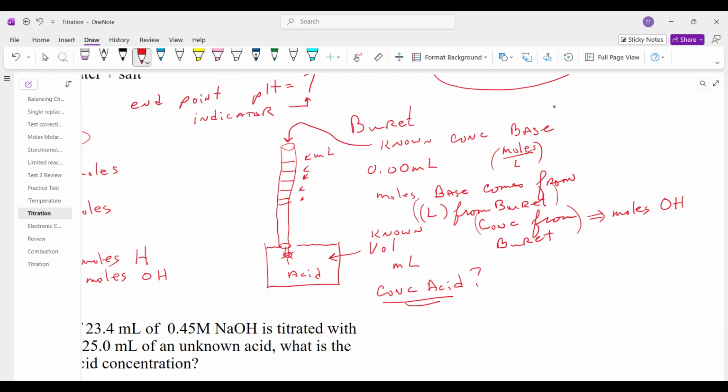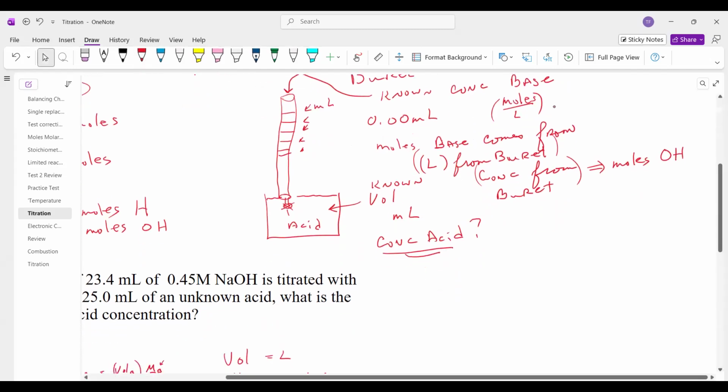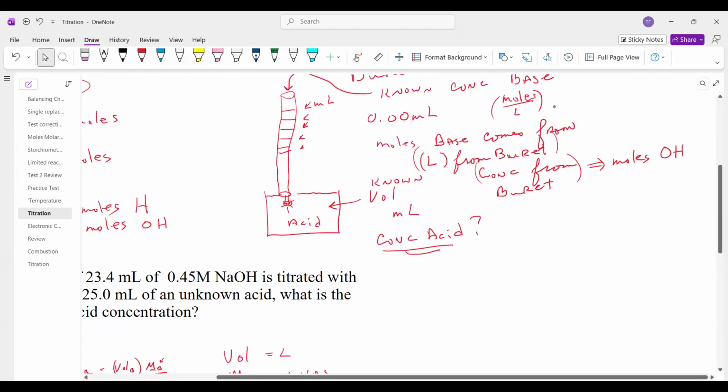All right, so let's look at the calculations now. The goal in these problems I'm going to show you is to find the concentration of the unknown acid.